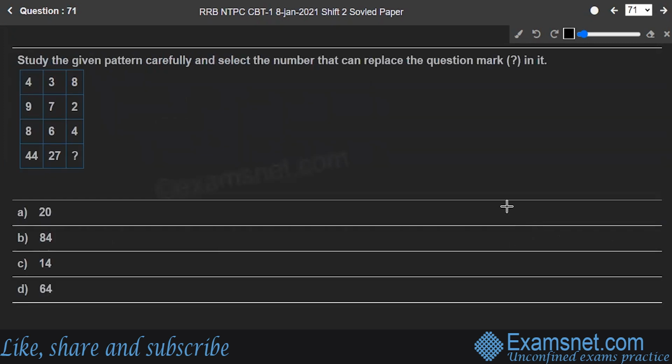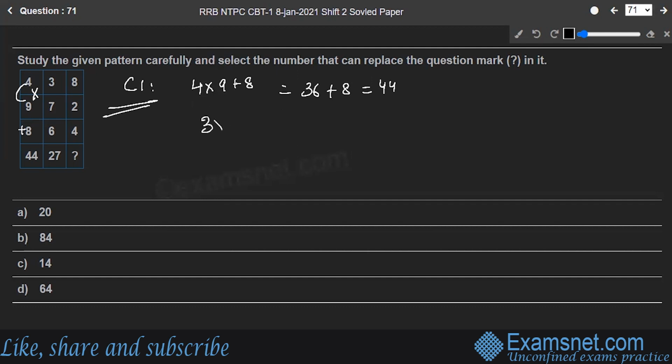You have to study the given pattern carefully and select the number which will replace the question mark over here. So let's understand the pattern. We'll move column wise to solve this problem. Let's go. First column. So if I multiply this 4 and 9 and add this 8 to it, 4 multiply 9, 36 plus 8 gives me 44.